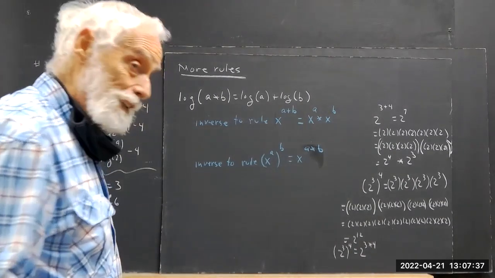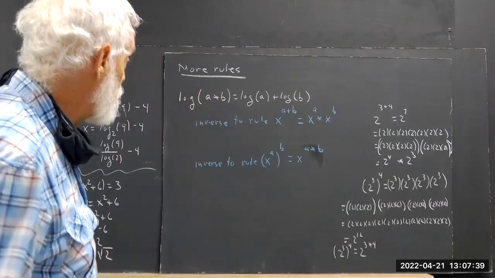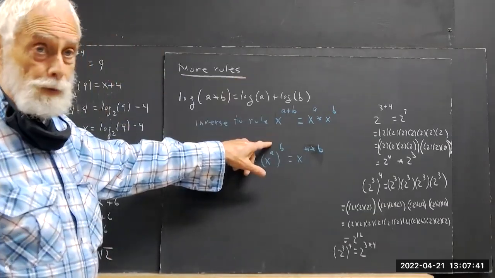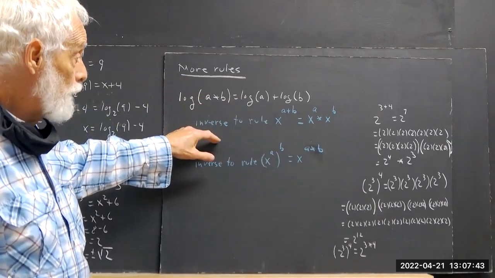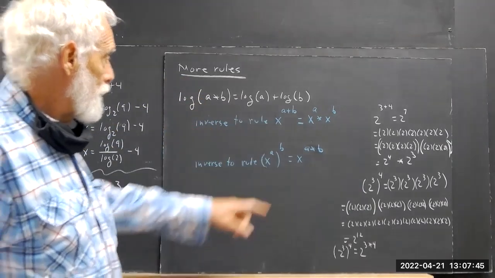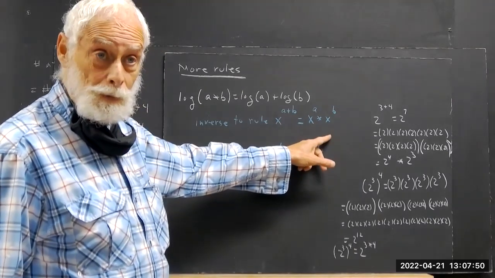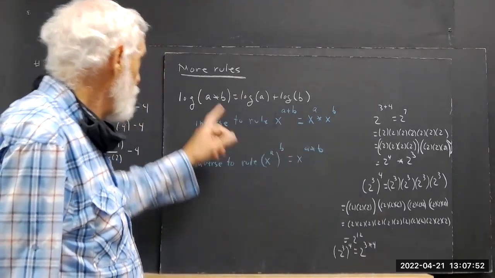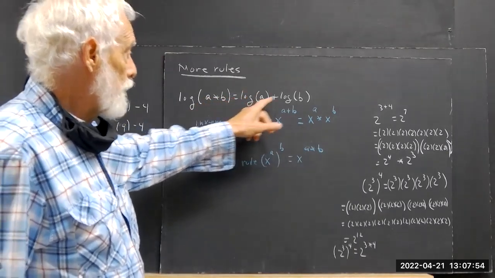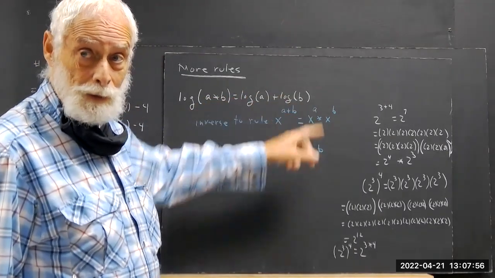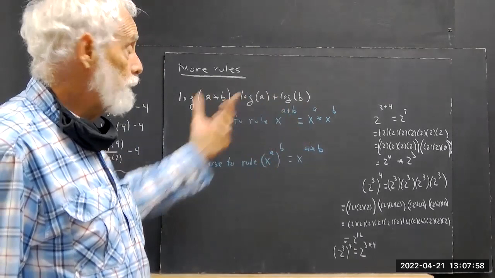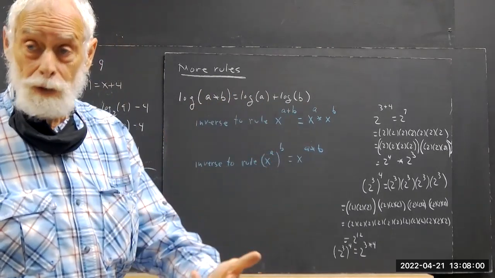And if you understand it, then it's easier to understand these rules, because this rule is inverse to this. In what sense? Well, here you're adding your exponents and multiplying the numbers. Here, the numbers are multiplied, but you're adding the logs. So what you do with exponents is inverse to what you do with logs, and you might want to think about that.